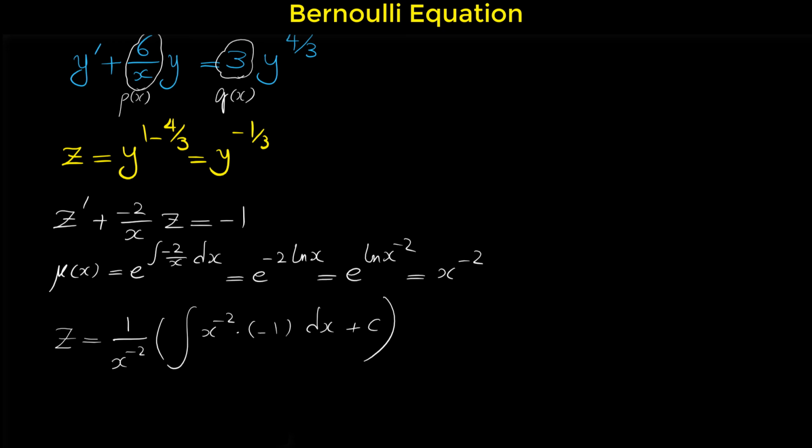First of all, note that 1 over x to the negative 2 is actually x squared. If you bring this up, make the power positive, so this equals x squared. Integral of negative 1 over x squared, note that x to the negative 2 means 1 over x squared, with the power rule is 1 over x. So this integral is 1 over x plus c.